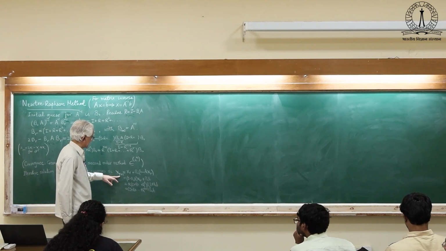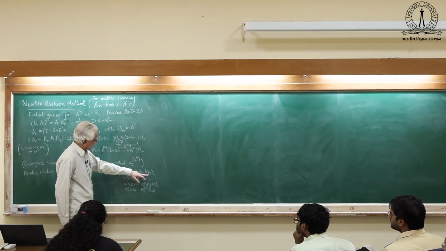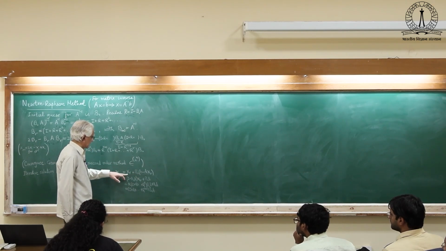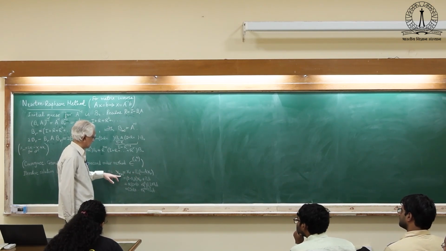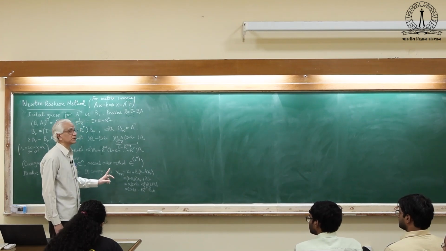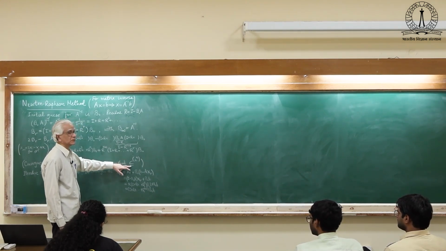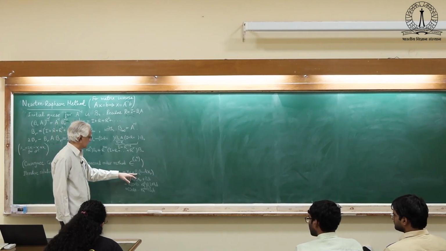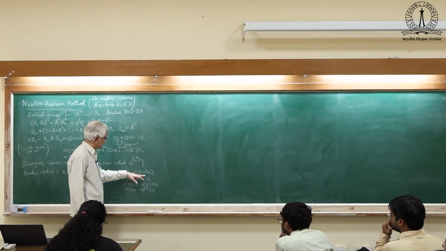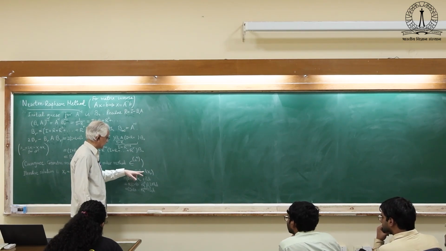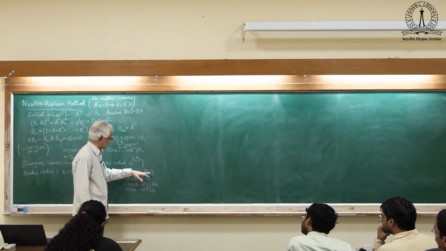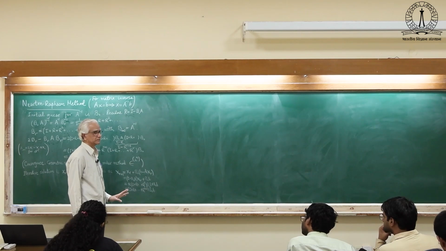So if you iterate x by adding these terms, it goes from order r to order r plus 1. It is only a geometric convergence. It is not as good as this. But the advantage is, in iterating this result, what you are doing is only matrix times vector multiplication.